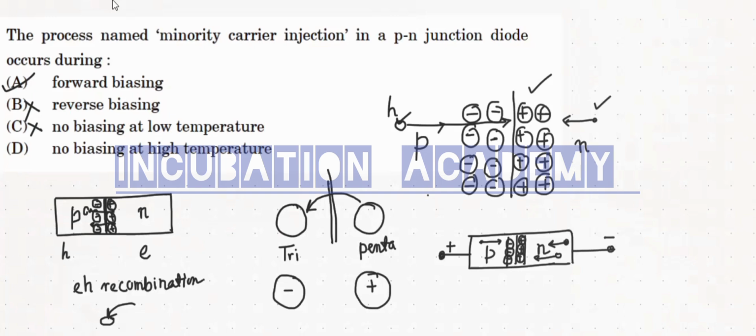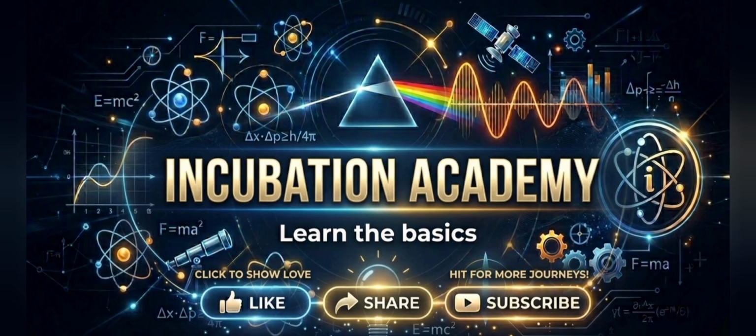The potential barrier developed on both sides of the depletion region is reduced only when forward biasing is done. So option A here is the correct answer, and that's it. Thank you all.